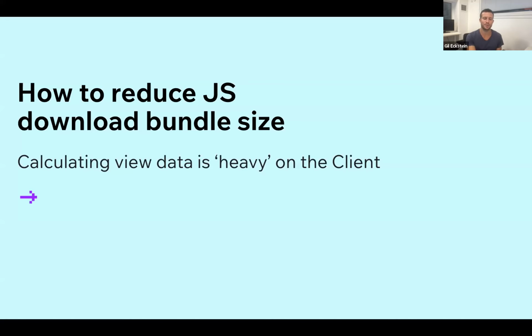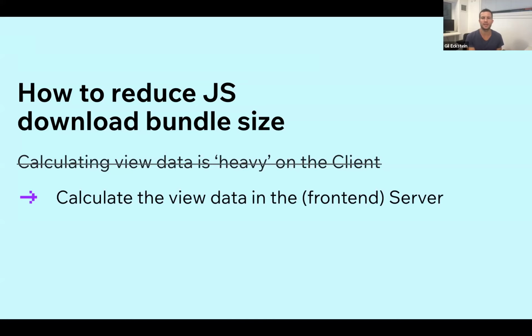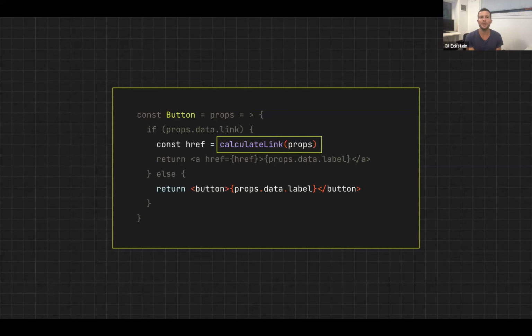So the second half of the solution is, instead of calculating view data on the client, we want to calculate the view data on a server, what we call a front-end server. So we could take the JavaScript that was used to calculate the HTML from the saved data, and just take it as is and run it on the server side.